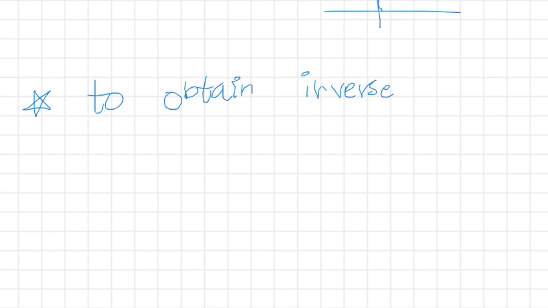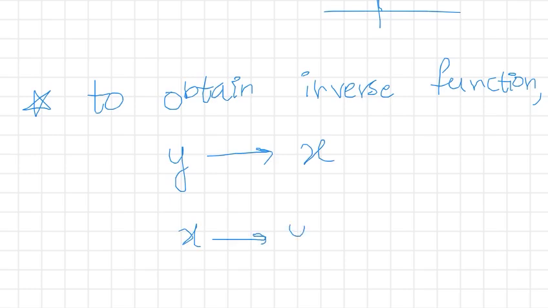Analytical way: to obtain the formula of the inverse function analytically, by solving with variables, what we do is, wherever there is a y in the formula, we replace that with x, and wherever there is x, we replace that with y.